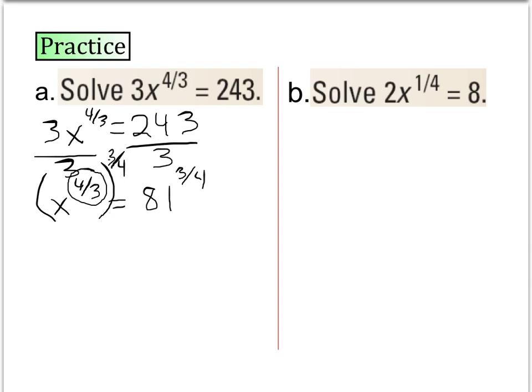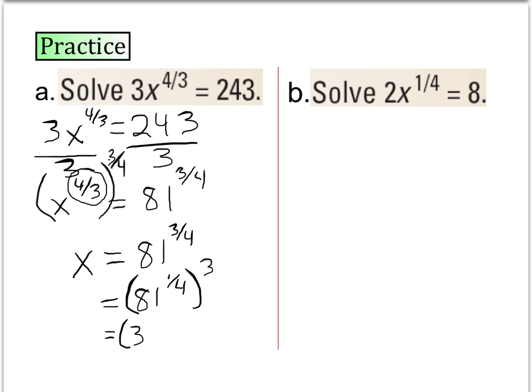When I do that, 4 times 3 is going to equal 12, 3 times 4 is going to equal 12, so I'm going to end up with just x equals 81 to 3/4. Which we know we can rewrite as 81 to the 1/4 cubed. I know 81 to the 1/4 is 3, and 3 cubed is 27. 27 is your final answer.